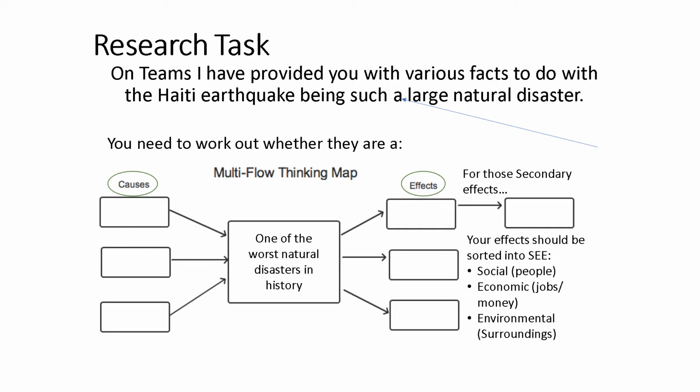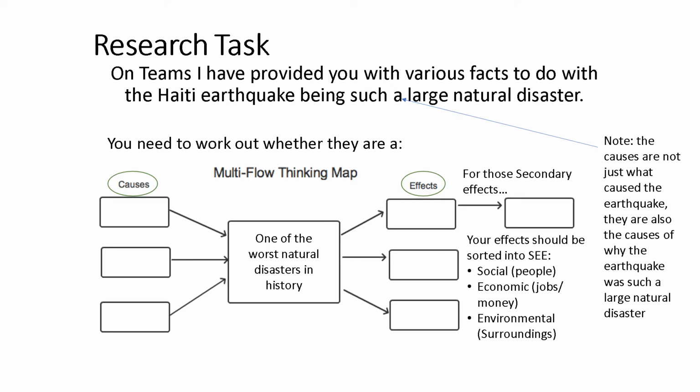What I also want you to think about is I've used this phrase, a large natural disaster. Now, when we think about the causes, we want to think about what caused the earthquake, but also what caused this particular disaster to be such a large scale one. So the causes won't just be the plates moving towards one another, the friction building up, pressure eventually being released with vibrations. The other causes will be linked to the fact this is a low income country.